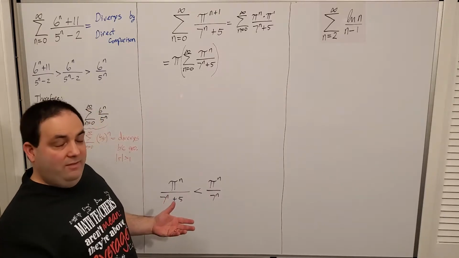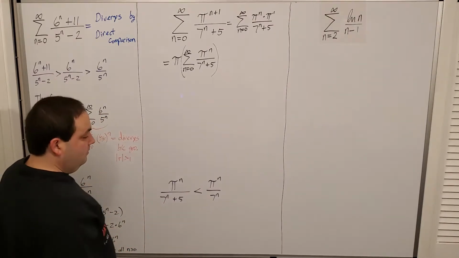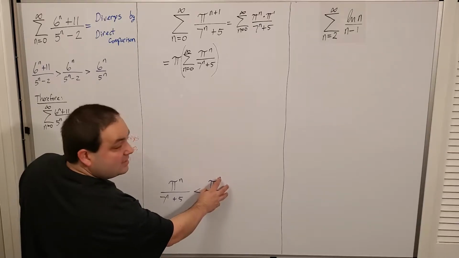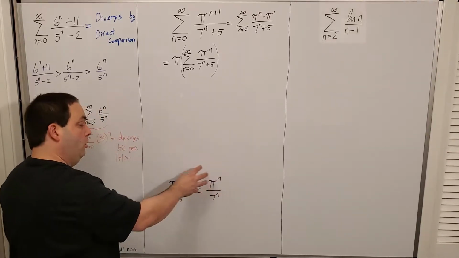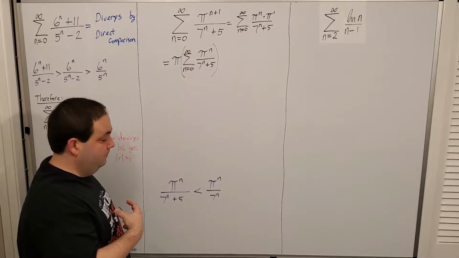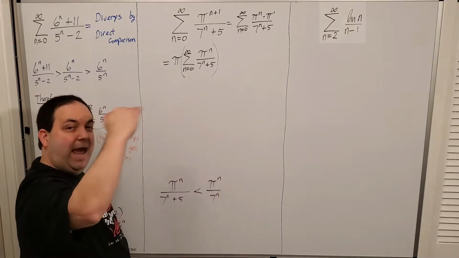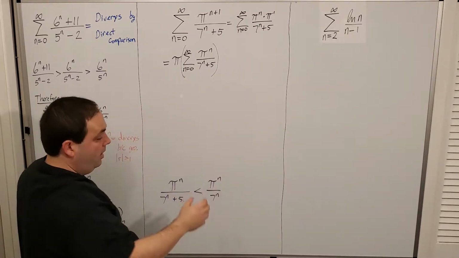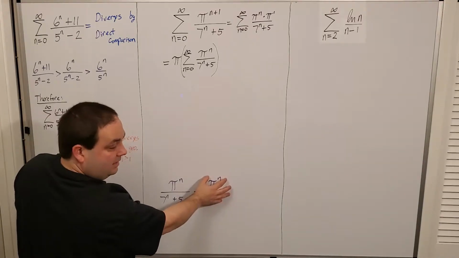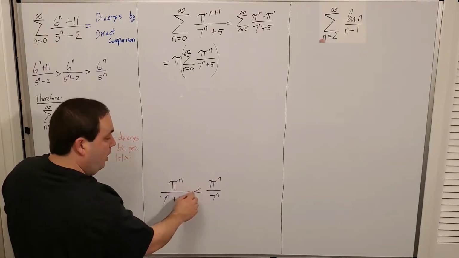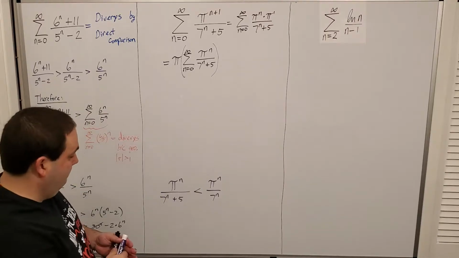To show convergence, I need to show that this series that converges is more than my series, because it needs to be like a cap, a ceiling, a roof. I need to show that this caps this one. So I'll be showing the less than direction this time.